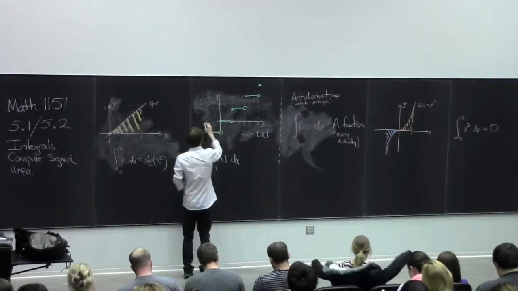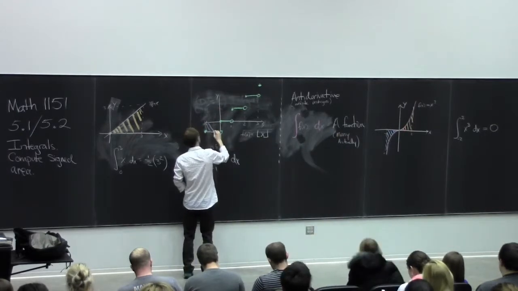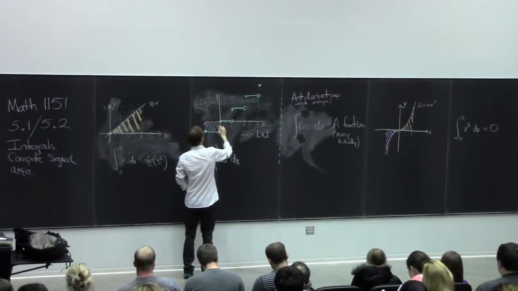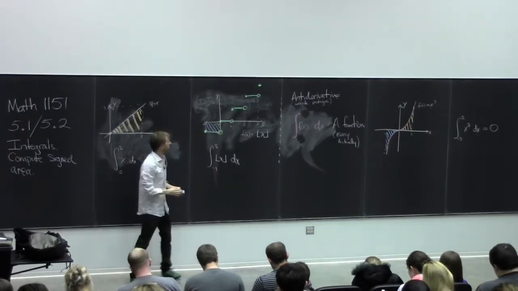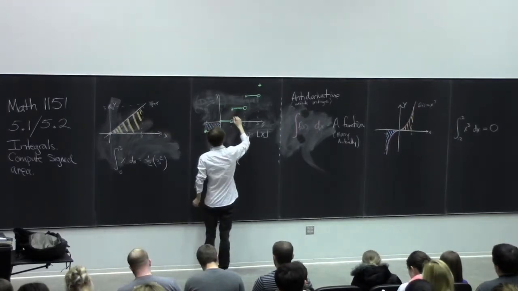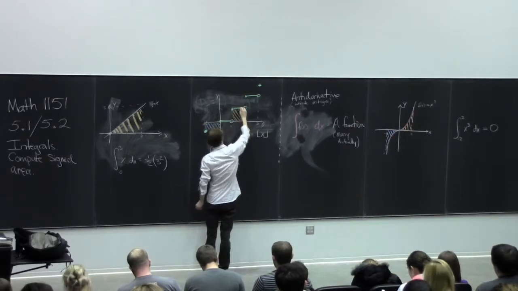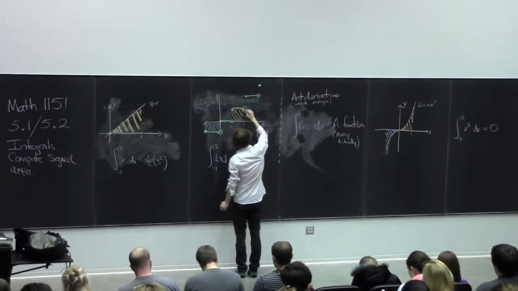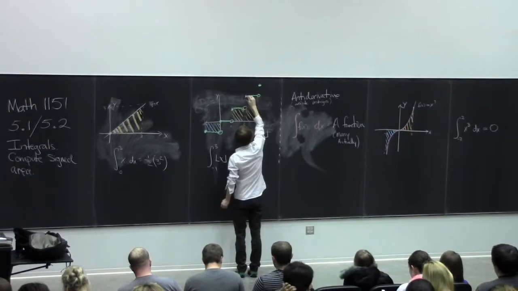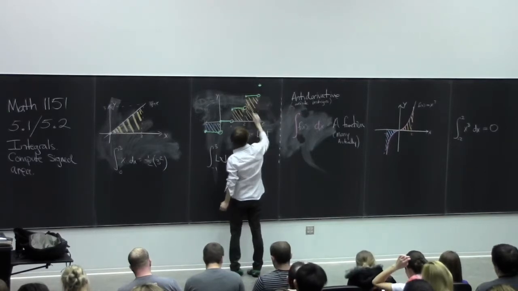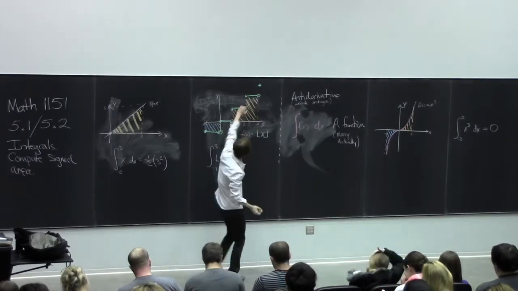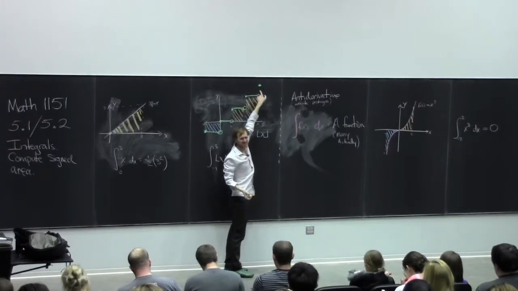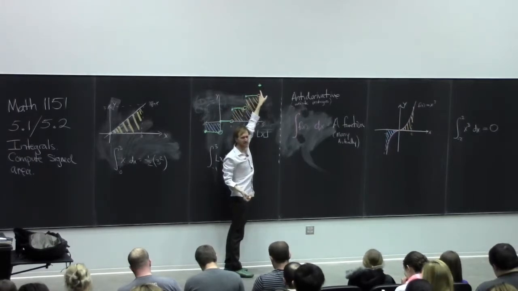So there's some negative area from negative 1, and then it's all positive area after this. There's positive area, and here's positive area. I'm going all the way to 3, but this is just a dot. No area under a dot.